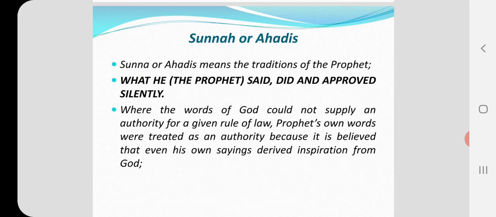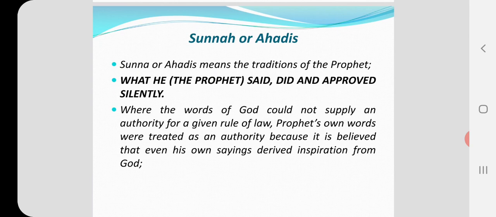And either his companions were present there, or somebody from his family was present there. He or she witnessed such incident, and then such incident was narrated to someone else, and then finally it got recorded. So this narration of a particular incident is known as hadith. The plural of hadith is ahadis.